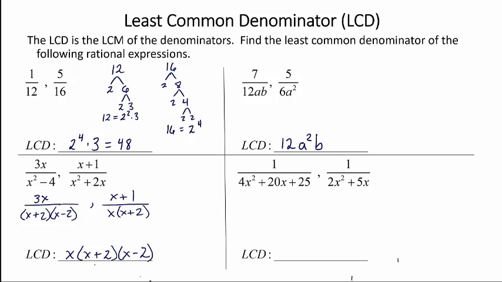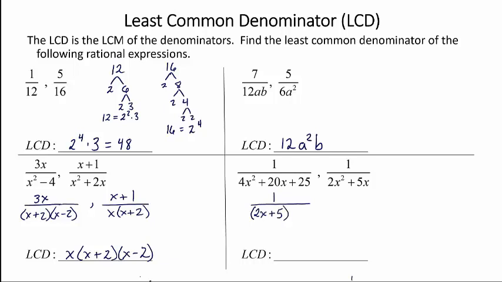Okay, now let's look at this one: 1 over 4x squared plus 20x plus 25, and 1 over 2x squared plus 5x. Again, I'm going to do some factoring here. With the first one, I notice the 4x squared and the 25 are both perfect squares, so I think this might be a perfect square trinomial.